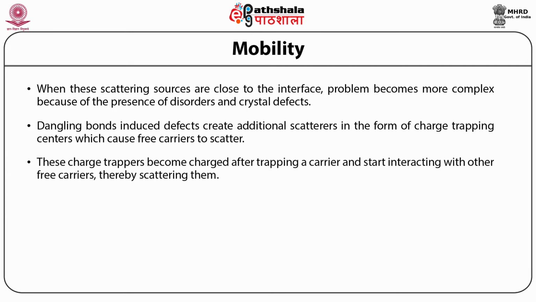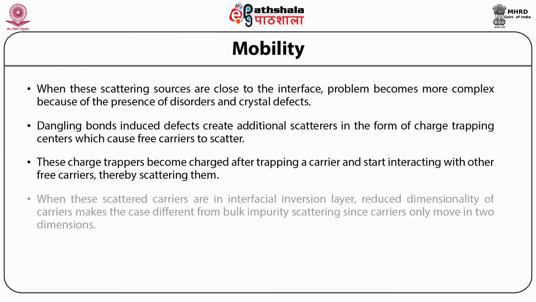These charge traps become charged after trapping a carrier and start interacting with other free carriers, thereby scattering them. When these scattered carriers are in the interfacial inversion layer, the reduced dimensionality of carriers makes the case different from bulk impurity scattering, since carriers only move in two dimensions.